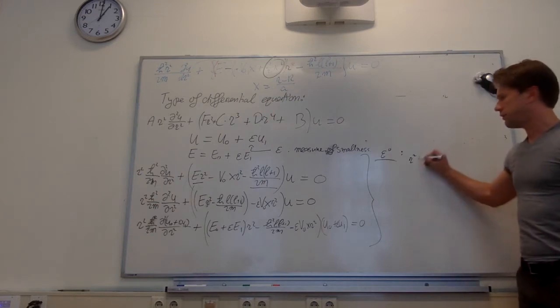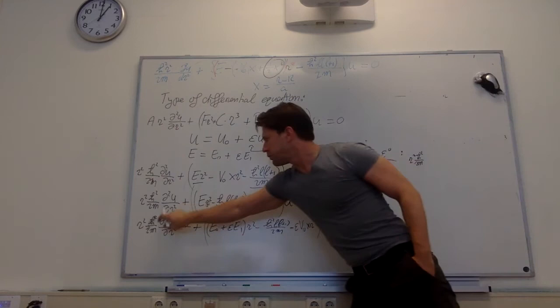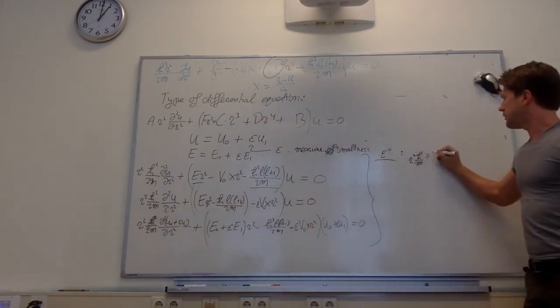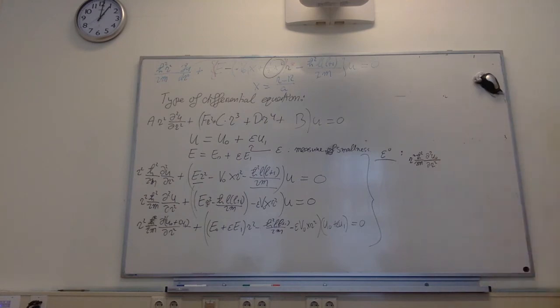The first term, yes. Because if I look only at the parts that have no epsilon in there, it is this one. Okay, and this one. Select only the parts that have no epsilons in there. E0 r squared u0.